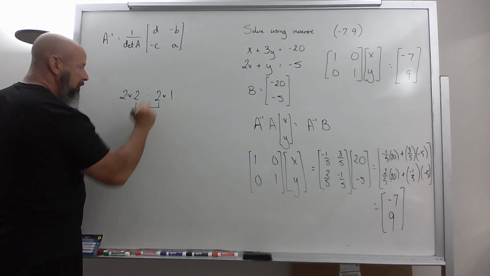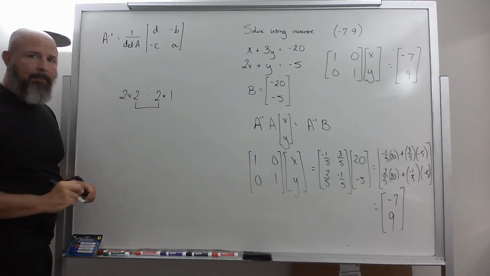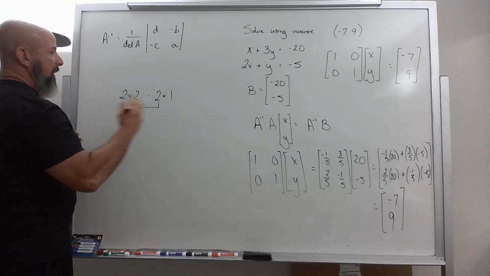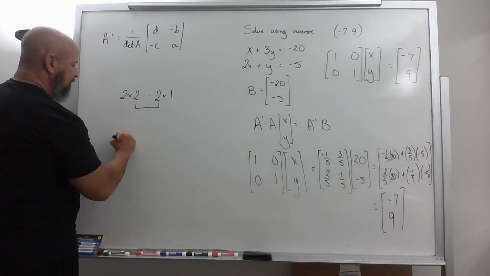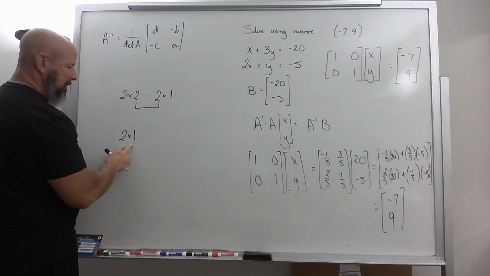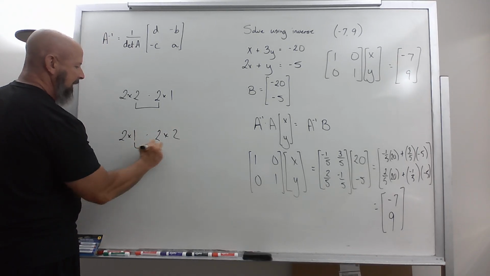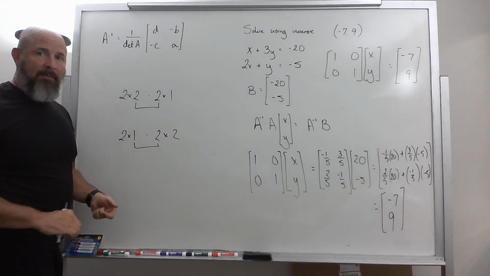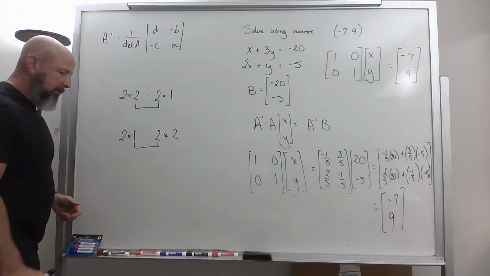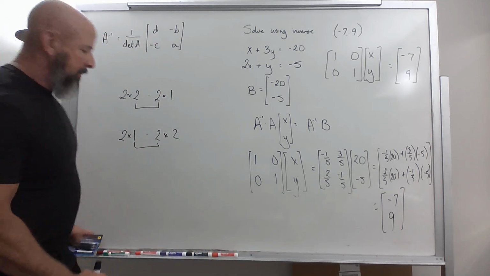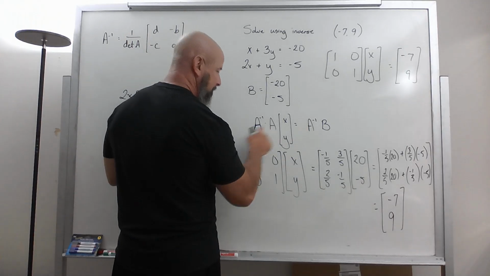So remember, I can do it because those insides are the same. It's going to give me a 2 by 1 answer. If I were to write the inverse on the other side, say I put the B matrix here, there's my inverse. I can't multiply them, so I've got to make sure that inverse is on the left side. And if you notice in my equation, I put the inverse on the left side on both sides.